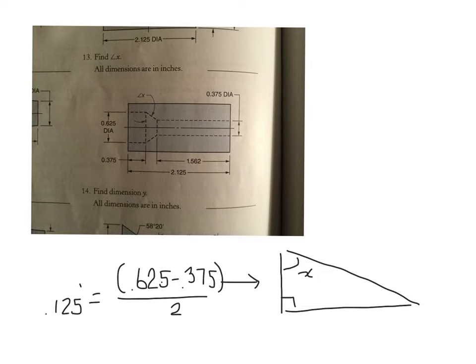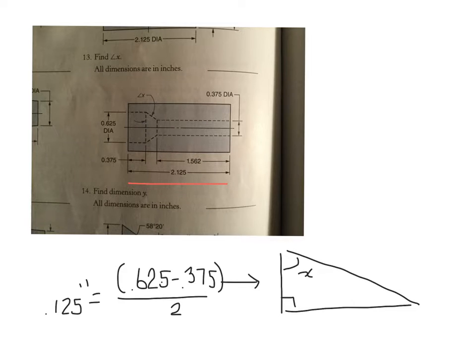0.125 inch. Now to determine the length of the side opposite angle X, we have to consider the fact that it is a part of this full length here.